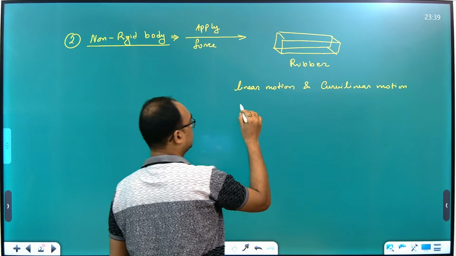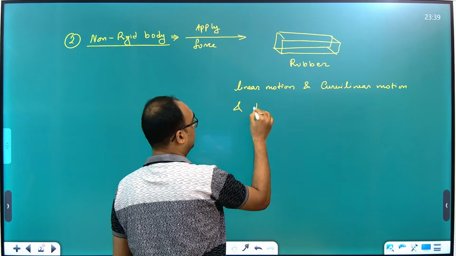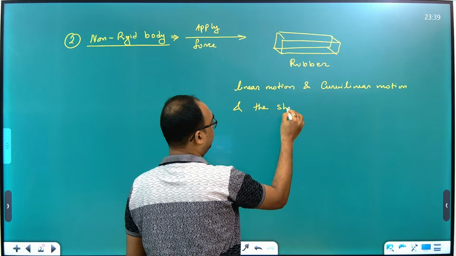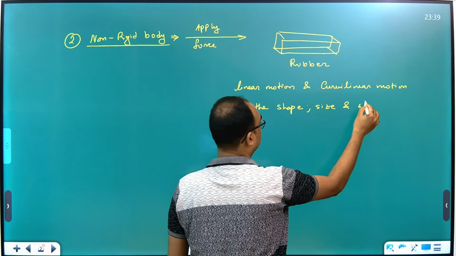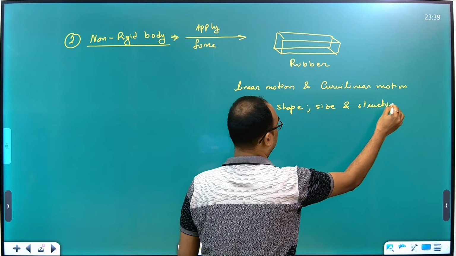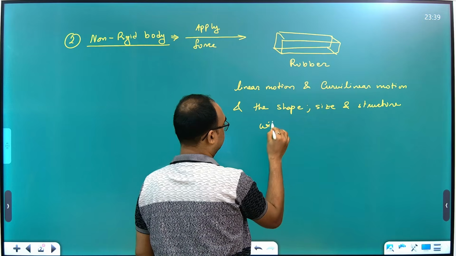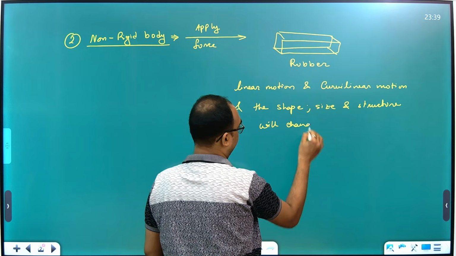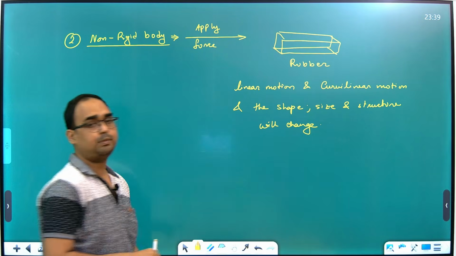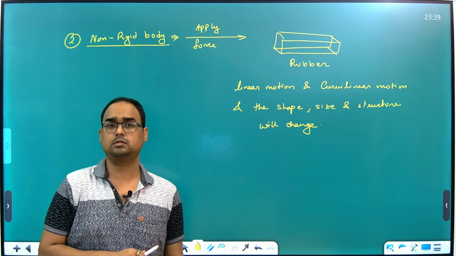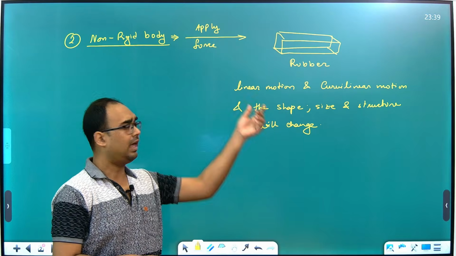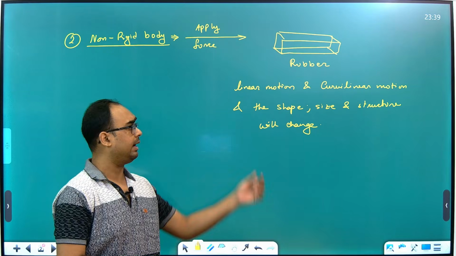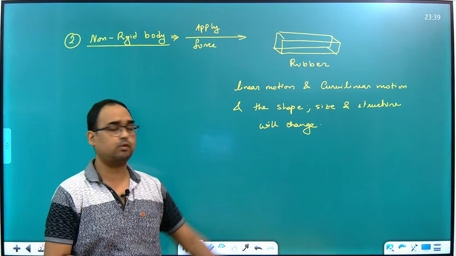and something else: the shape, size and structure will change. So when you apply a force to a non-rigid body that's not so firm, it will have the two kinds of basic motions, whereas the shape, size and structure will also change.